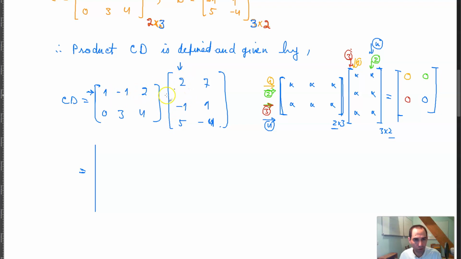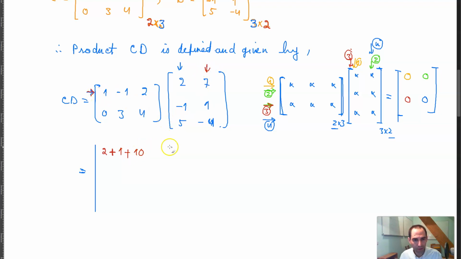So 1 times 2 is equal to 2. And you need to be also careful about the signs, because you can easily make mistakes. Now -1 times -1 is +1. And 2 times 5 is equal to 10. Right? So now this row is not still over, because I have to use the same row and now come over here.